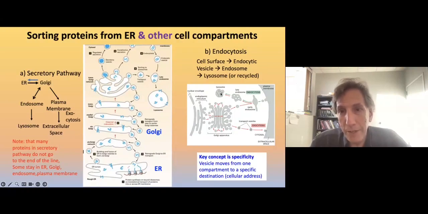It's not shown here, but they also move to the lysosomes we'll talk about, and they'll move to the plasma membrane. So those are the three things. And some of them that are moving to the plasma membrane are actually secreted into the extracellular space. You call that process exocytosis.